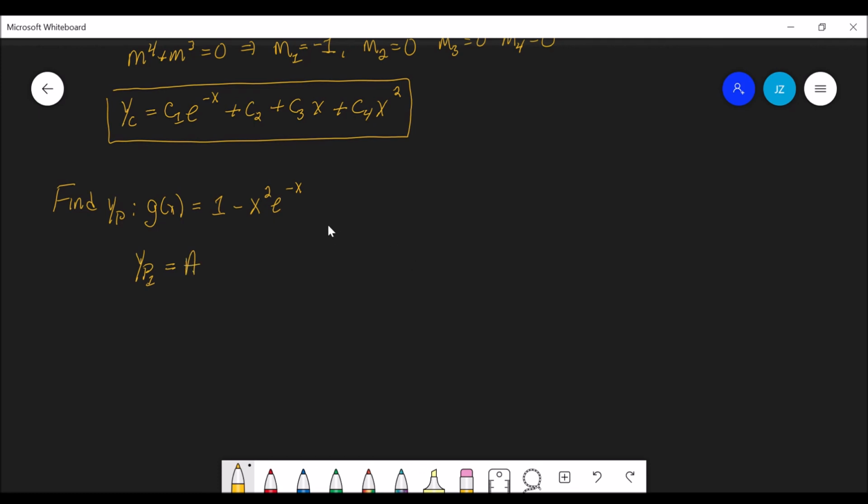However, the complementary function already has a constant. So we would try ax, but the complementary function also has that. So we would try ax squared. No, but the complementary function also has that. So we actually take the first particular to be ax cubed.